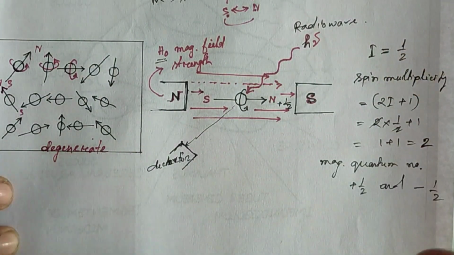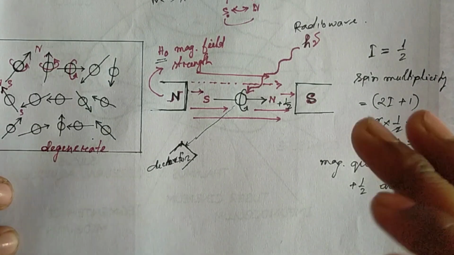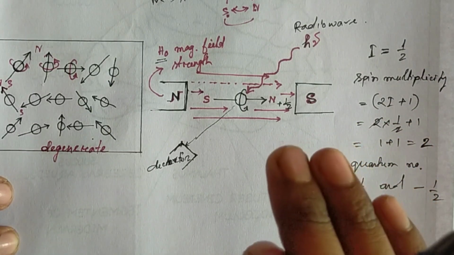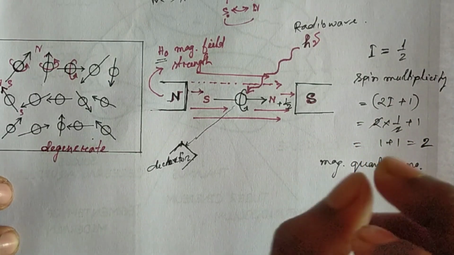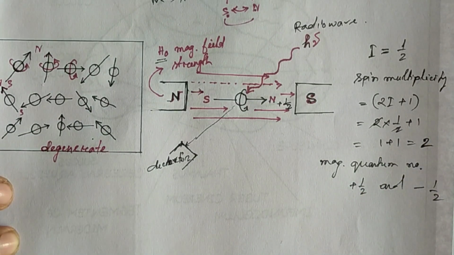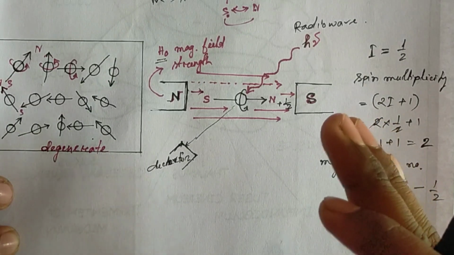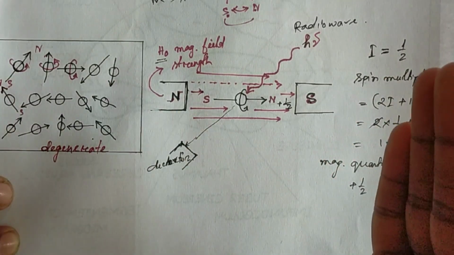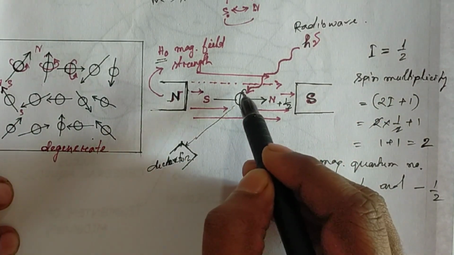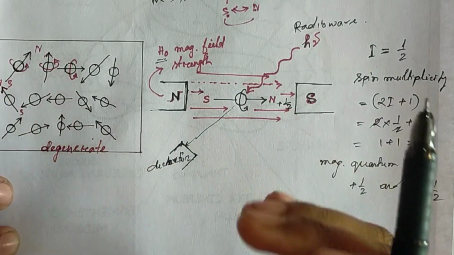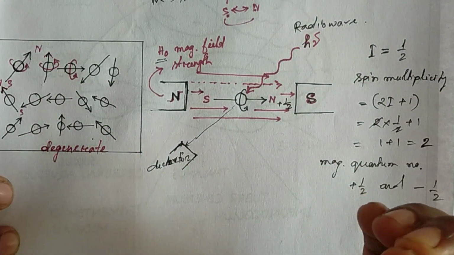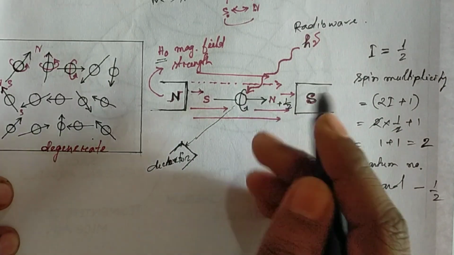At that state, as the nucleus is absorbing the light, this is called resonance. That means resonance is happening.